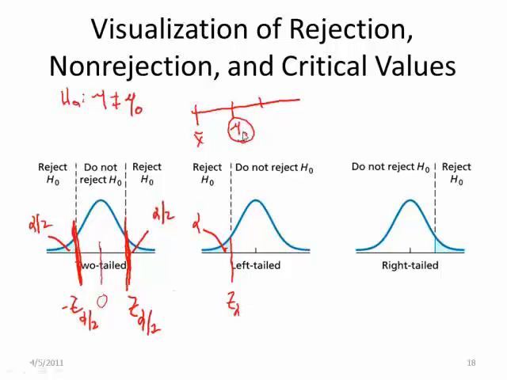And again, when I standardize, mu sub 0 becomes 0, and x bar becomes my z sub ts, my test statistic. If my test statistic falls in the rejection region, then I reject the null in favor of the alternative. If it falls here in the non-rejection region, then I fail to reject the null hypothesis. Same argument over here. So this is the setup of where we're at right now.